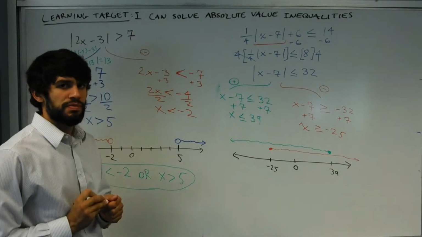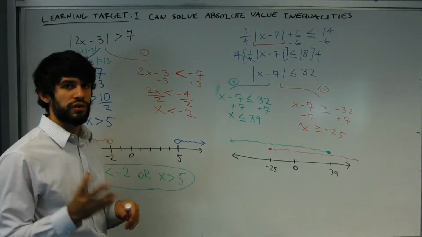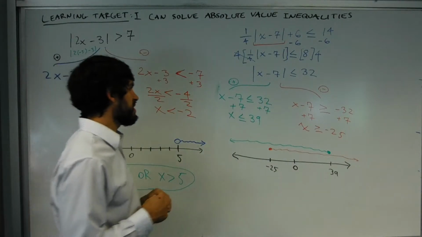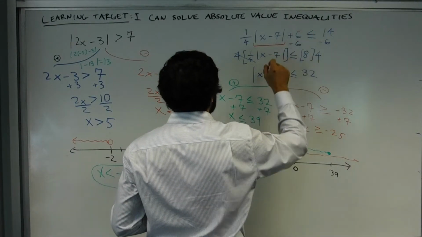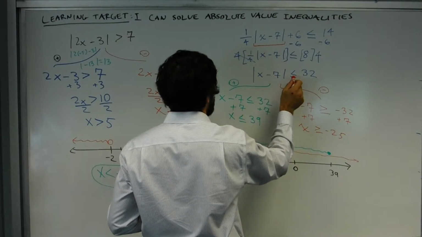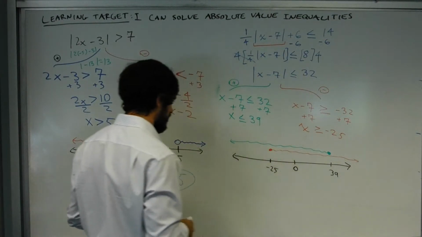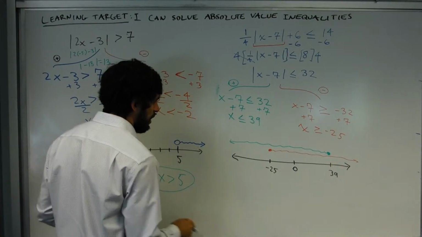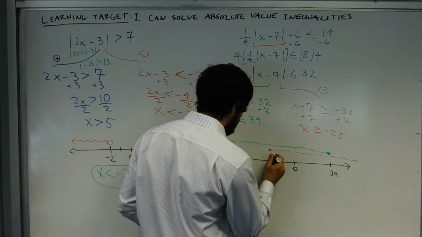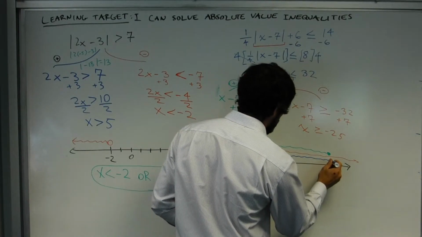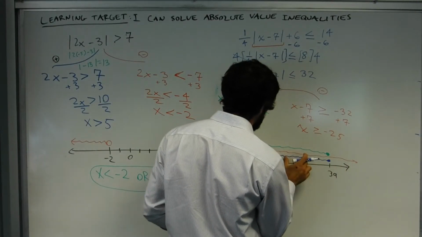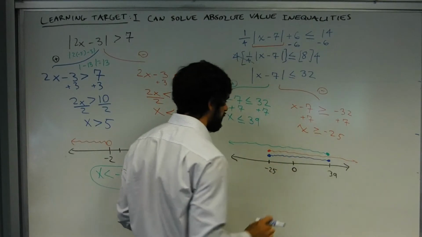You notice, in this case, our answers overlap. So in this case, where we have the absolute value of something less than or equal to something else, our answer is going to be this area in between. They need to overlap in order to be a solution.